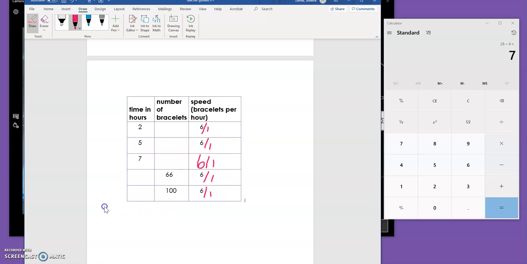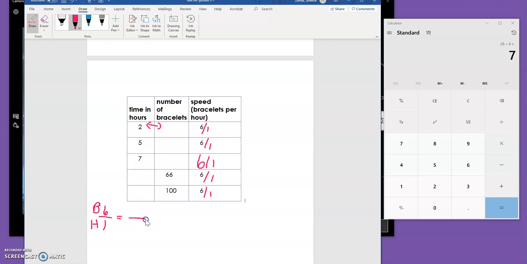So I'm going to use my unit rate, writing it as a fraction, 6 over 1. And I'm going to make that equivalent to, now these two numbers here will make up a fraction. Okay, it will be helpful also here if I include a label. So bracelets is represented here for 6, and hours is here.